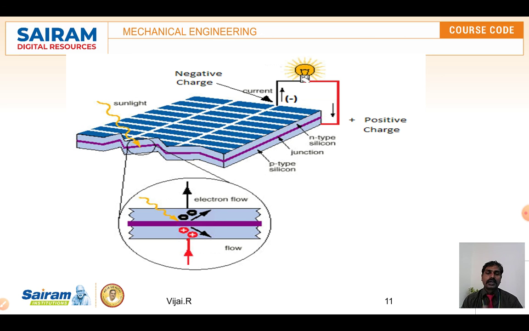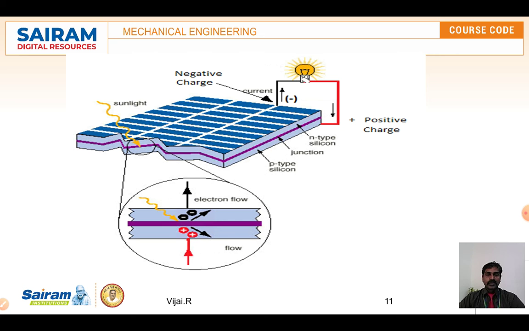The charges are connected over there, so when the flow of electrons takes place from the n-type to the p-type, that flow of electrons we call current, so that we can get energy from light. With the help of that we can make a bulb glow or something else, a small charge can be produced. So these solar panels or solar plates are nowadays everywhere, very common.